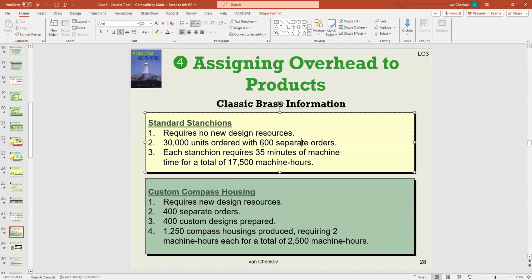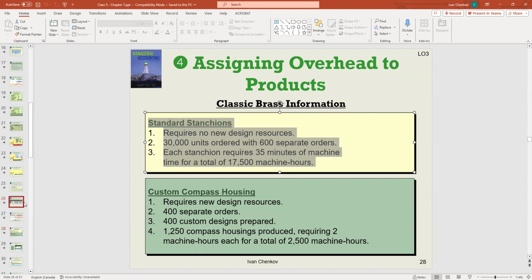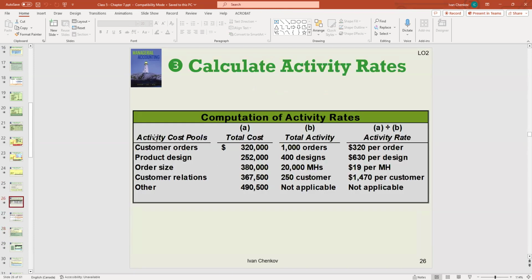So we know the number of the orders. Each sanction requires 35 minutes of machine time, or a total of 17,500 machine hours.